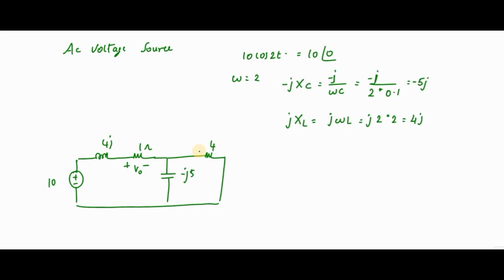I can see this 4 and the capacitor are in parallel, so 4 parallel with minus 5j is minus 20j divided by 4 minus 5j. If I solve, I get 2.439 minus j1.951.